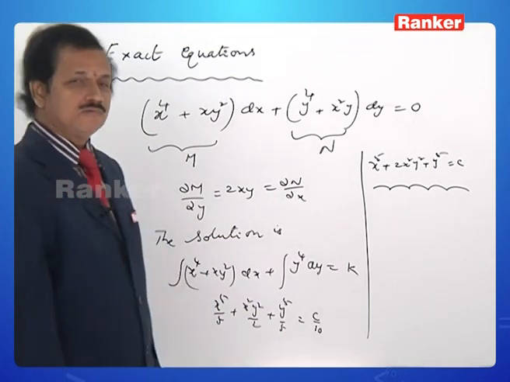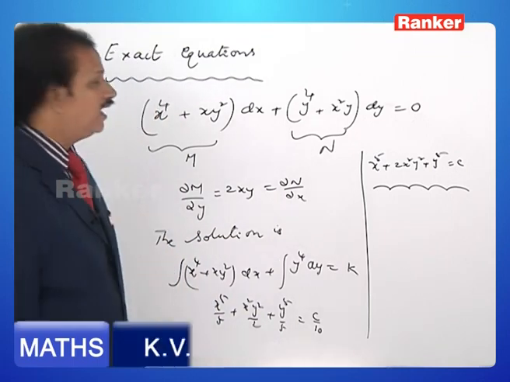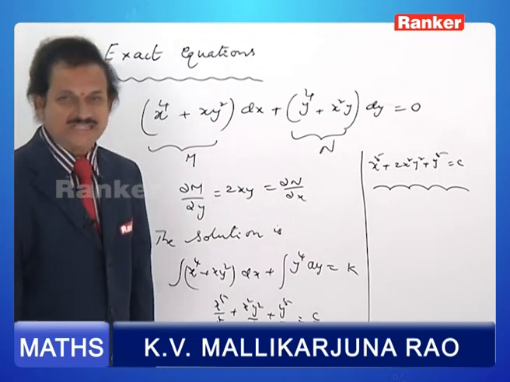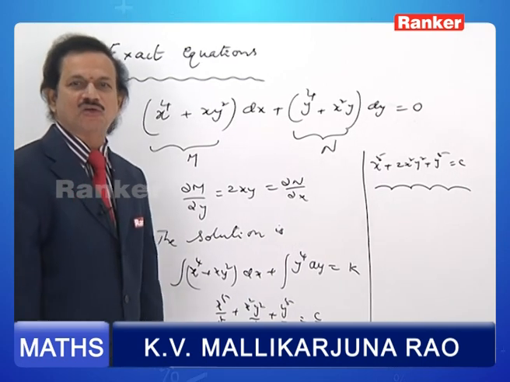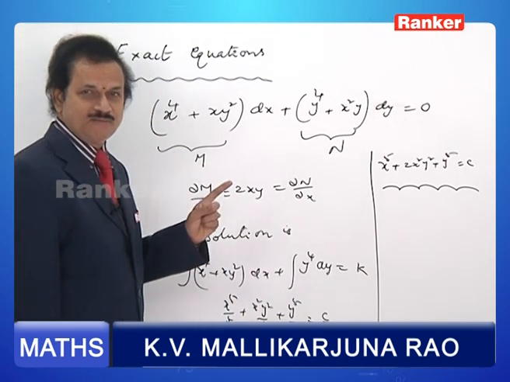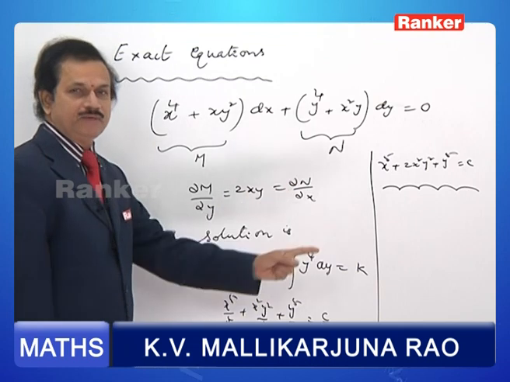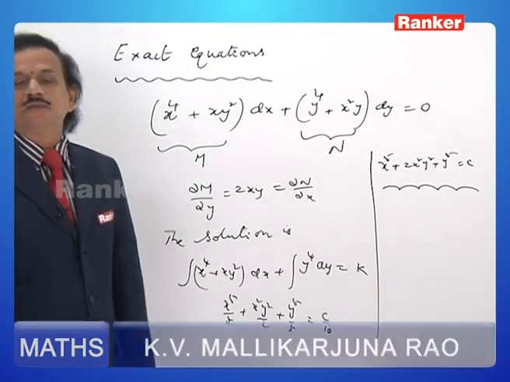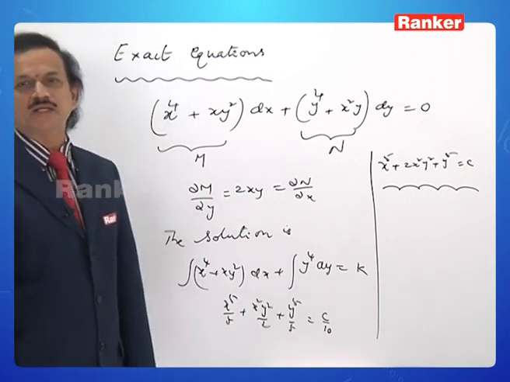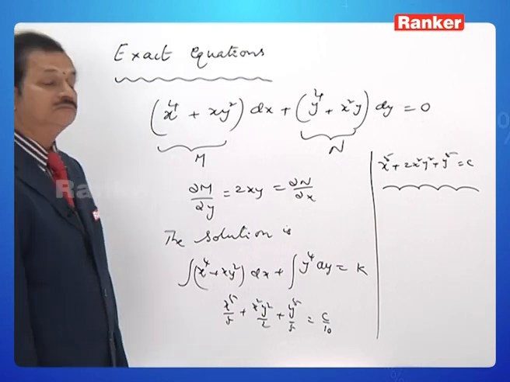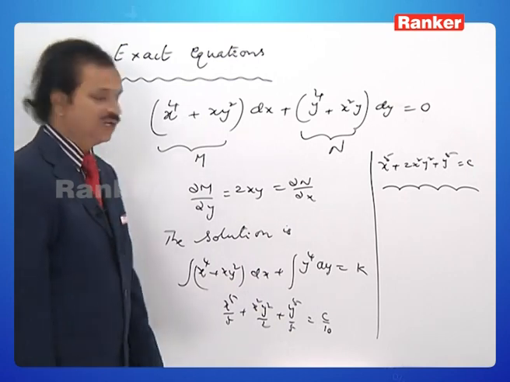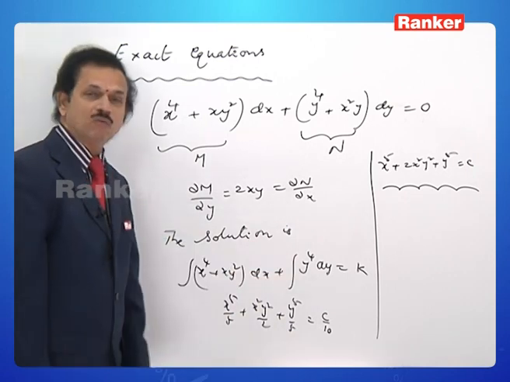If at all a particular equation looks like m dx plus n dy is equal to 0, you first try to test whether the given equation is exact or not by using the simple condition. What is the condition? You must be able to find dou m by dou y and dou n by dou x. If you find that those two are equal, then and there itself we conclude that the given equation is exact. And for such an equation, the solution has been given directly, of course: integral of m dx plus integral of n dy is equal to k.